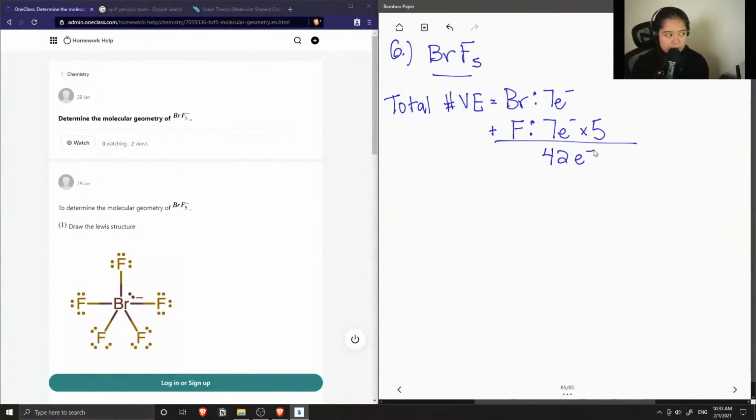Okay, so now let's try to draw out a skeletal structure. So bromine would be our central atom. And then we can draw single bonds to each of the fluorines. And show all of the lone pairs.